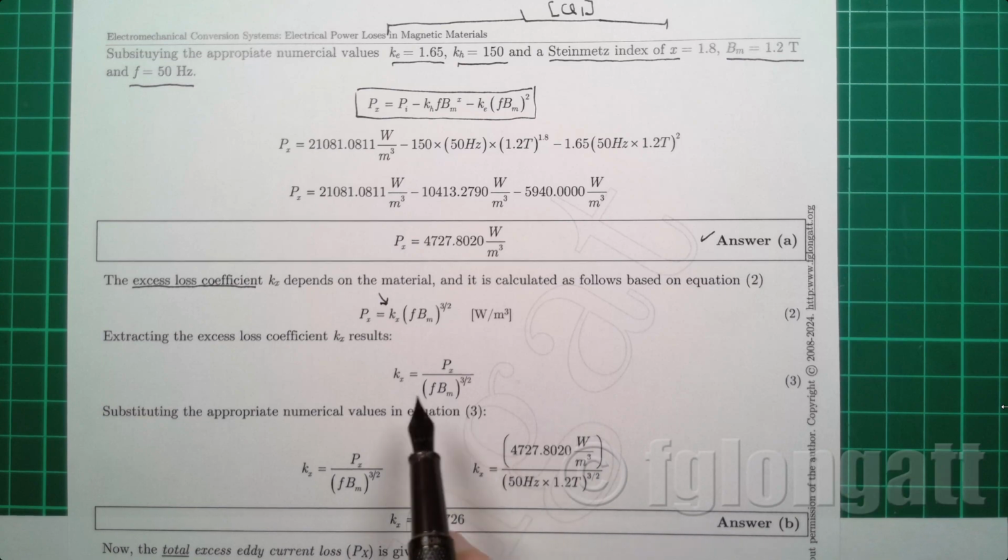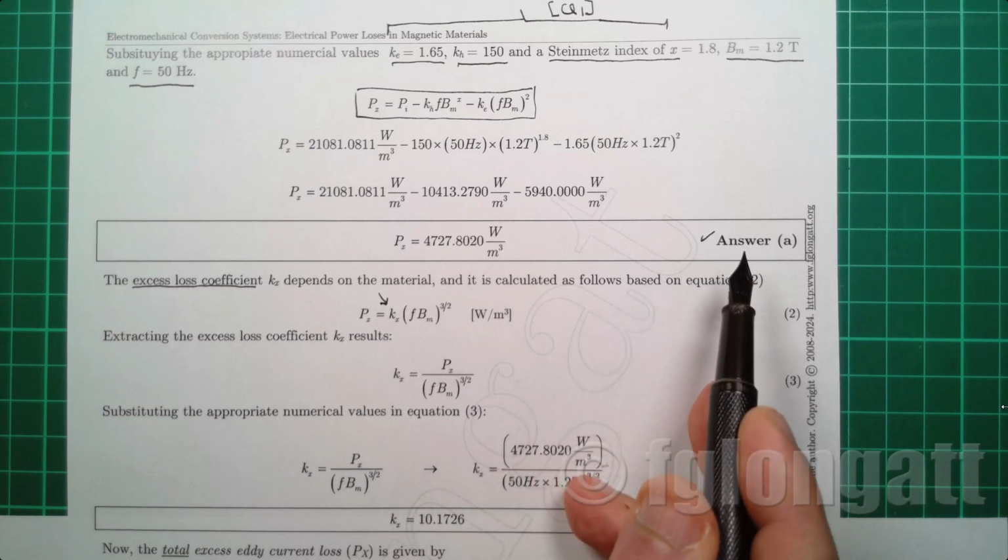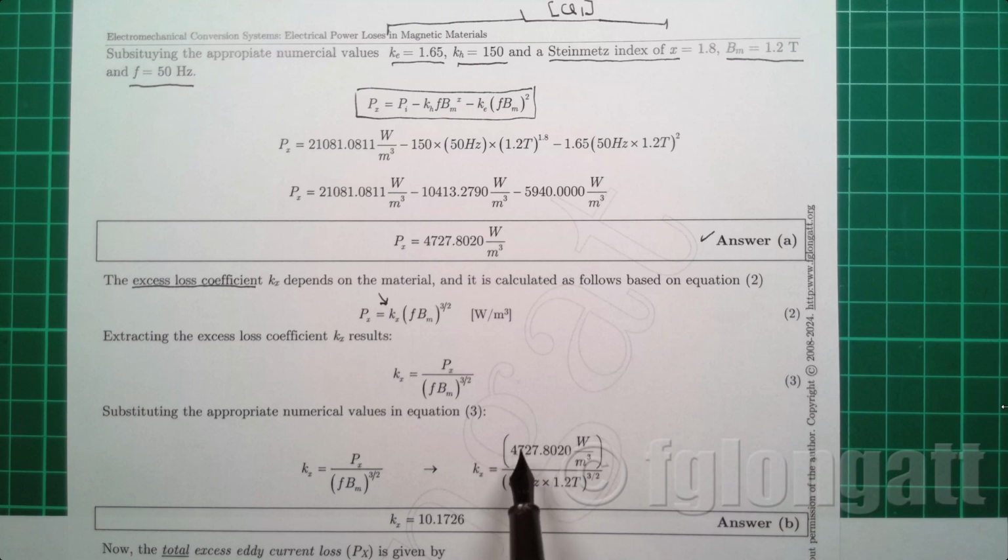Now it's just a basic numerical substitution. We know this value because it comes from the answer to question A, 4,727.8 watts per cubic meter. We know f, 50 hertz. We know Bm, 1.2 teslas.